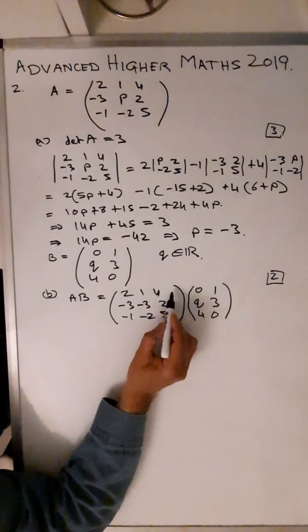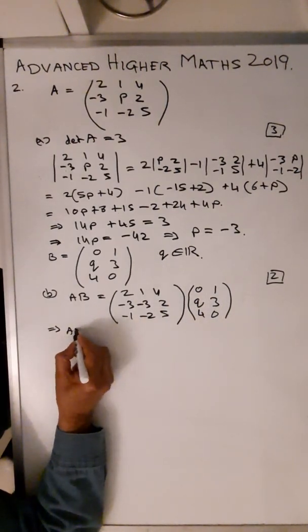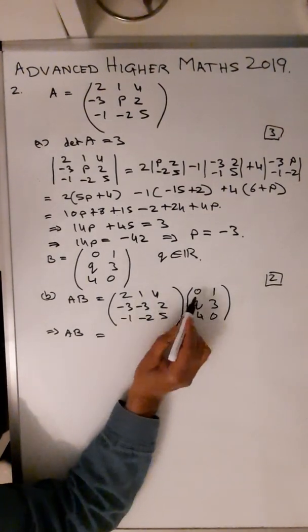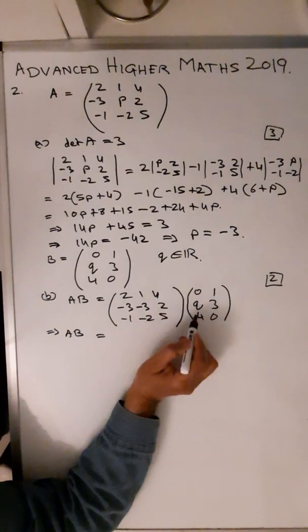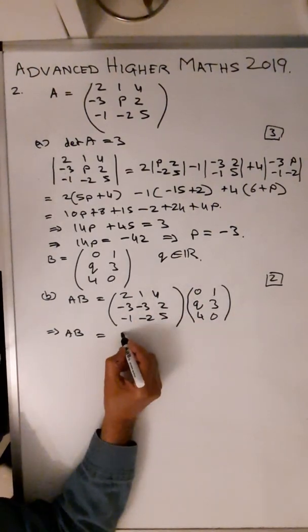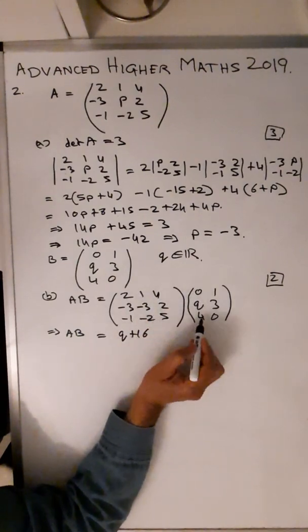So you're multiplying the row by the column, which means that AB is equal to 2 times 0, 0, plus Q, plus 16. So this is just going to be Q plus 16.